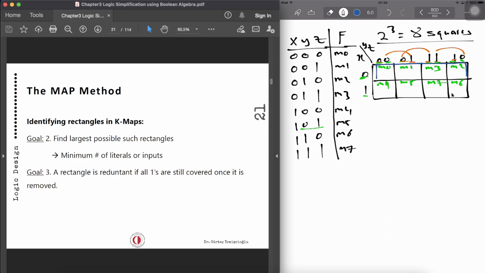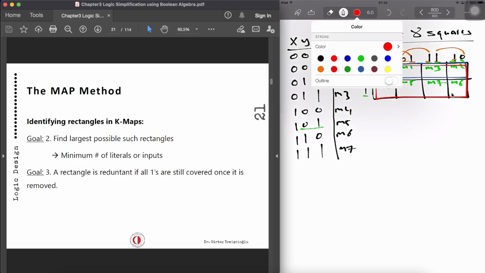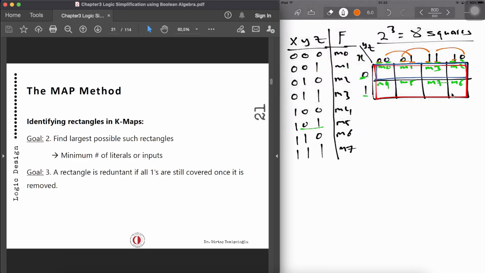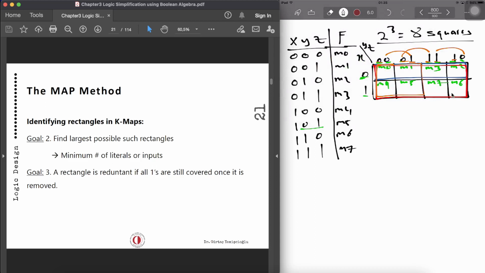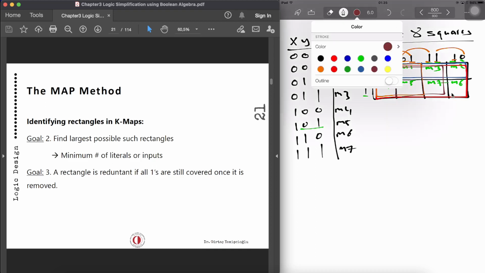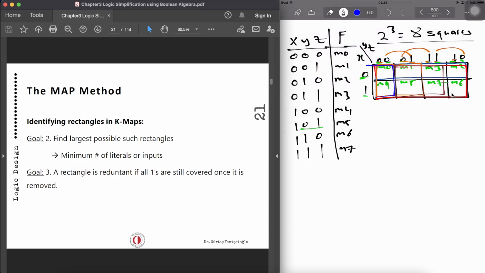I'm going for the largest ones first. 4 of those, or maybe 8 of those if you have all ones over there, or maybe you can have a square, or maybe you can have the center square, or maybe this is interesting, you can have the sides, because these are adjacent to each other.